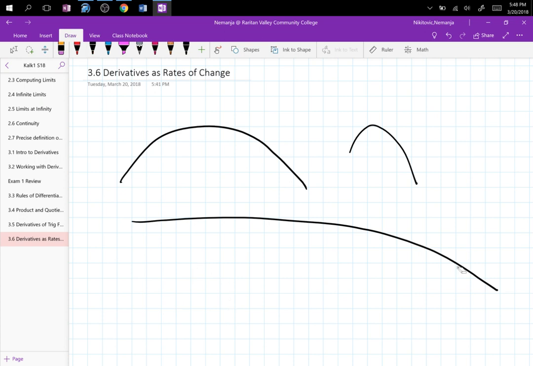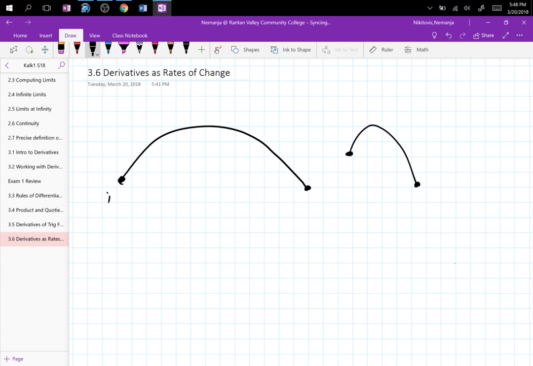Now, there is a point at which the marker leaves my hand, and there is a point at which the marker strikes the ground. So you have the initial point and you have the terminal point.